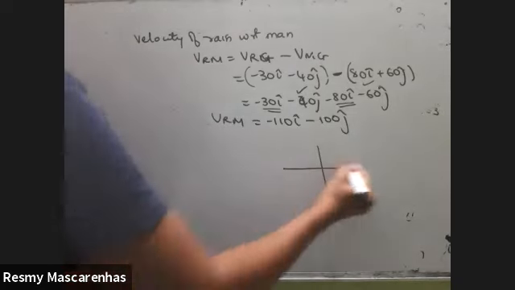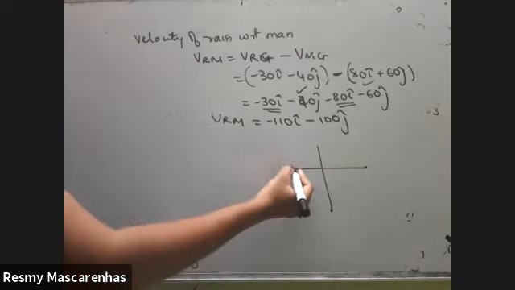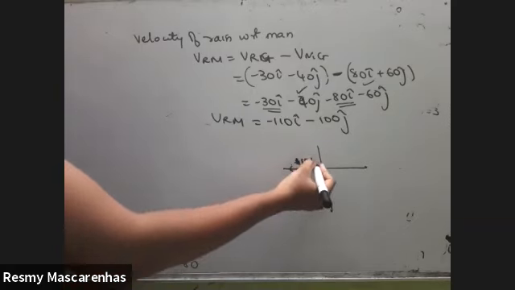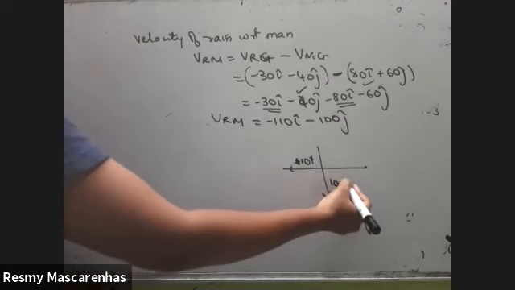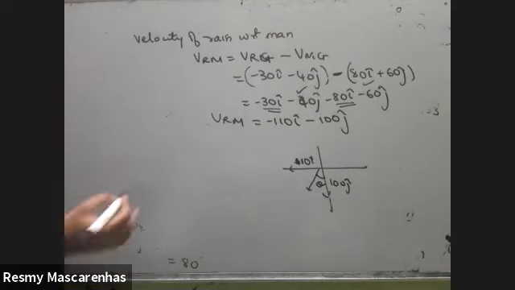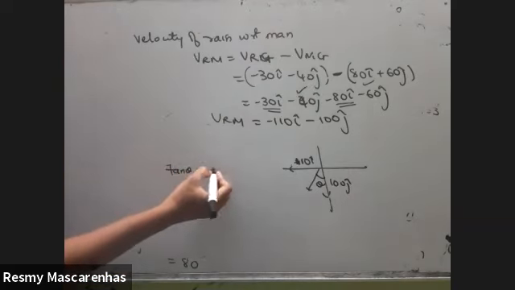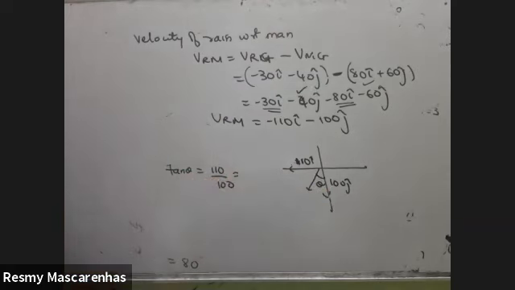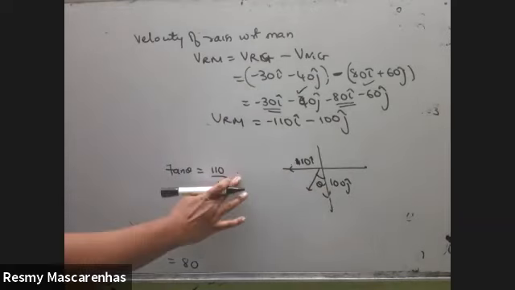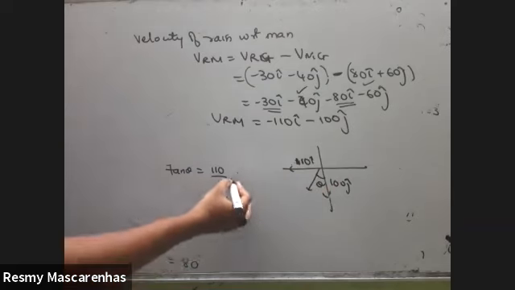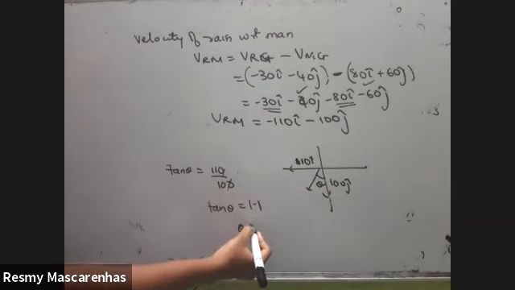If you plot it, both are negative. This will be minus 110 I, and this is 100 j. Vector will be this side. You have to calculate theta. So tan theta will always be 110 upon 100, that is 1.1.